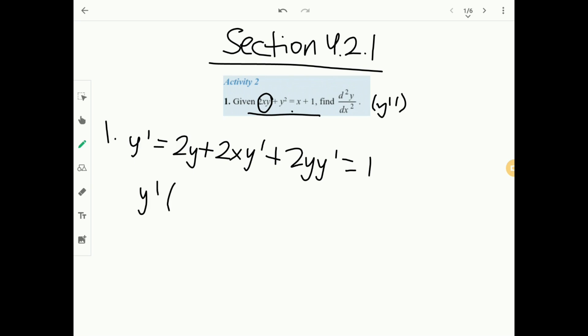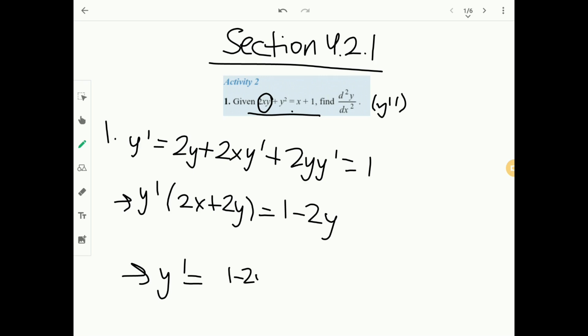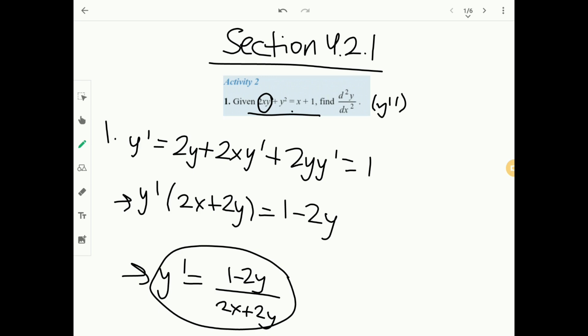Take the y prime out, you get y prime times (2x plus 2y) equals 1 minus 2y. So y prime is equal to (1 minus 2y) over (2x plus 2y), and this is actually the answer for activity 1.